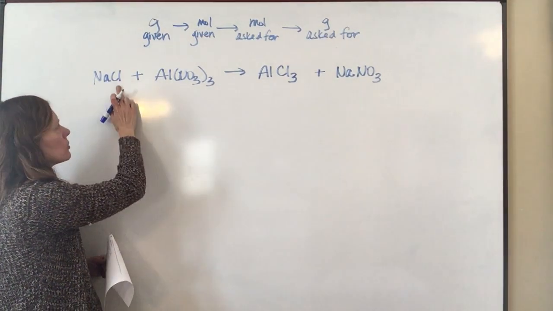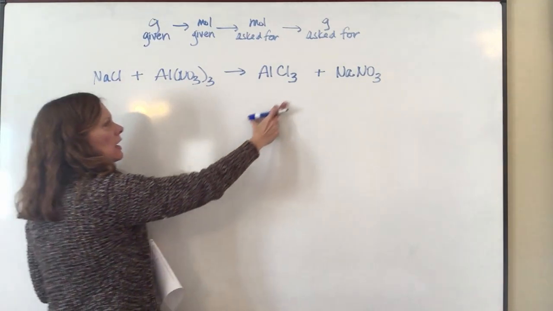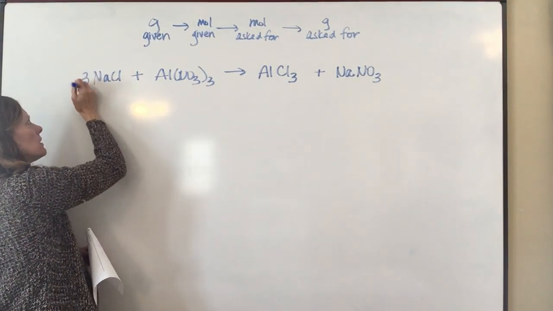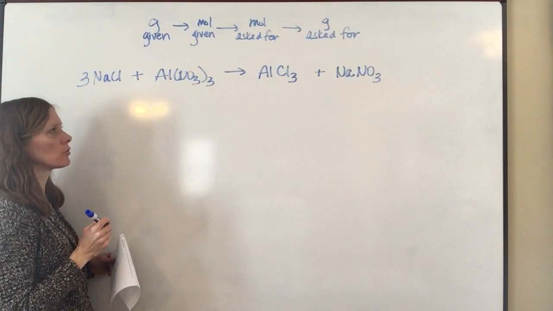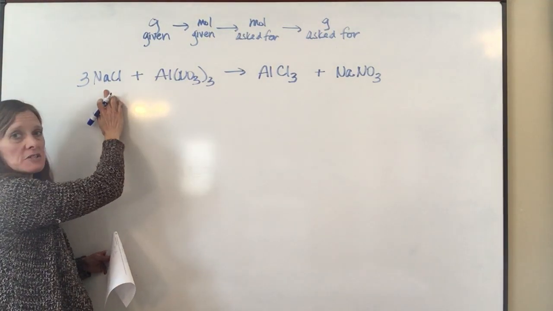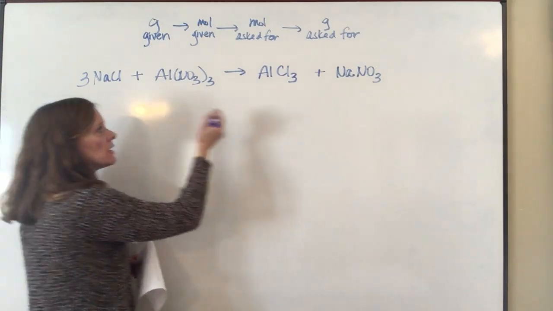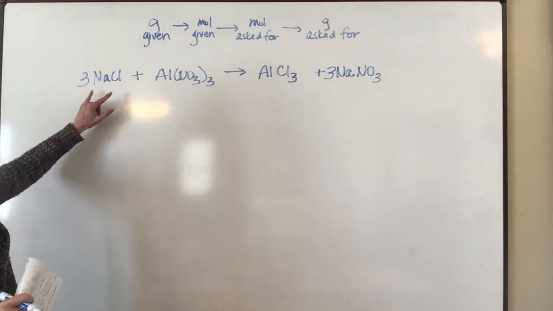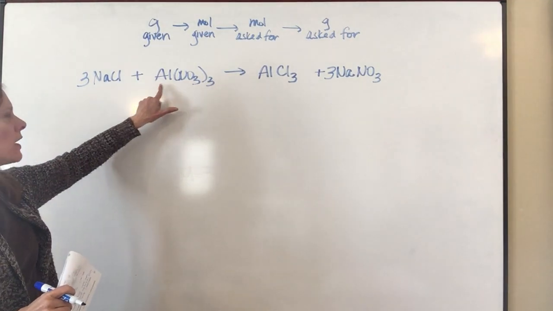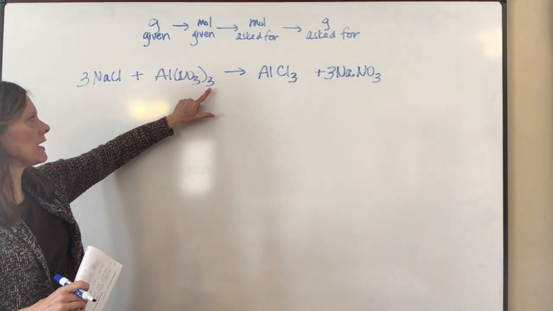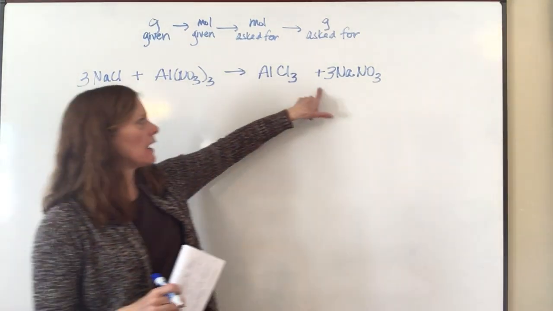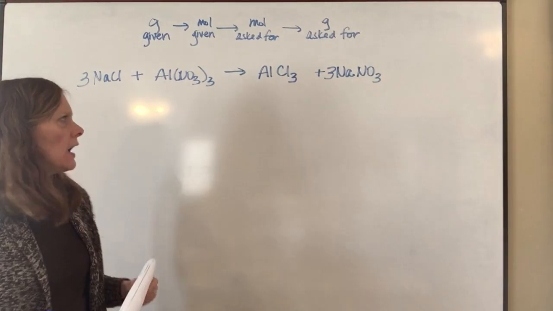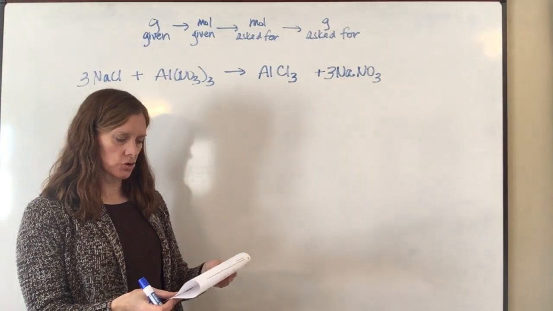If I look at the chlorines, I have 1 here and I have 3 over here, so I'm going to have to put a 3 in front of the NaCl to make my chlorines balance. That throws my sodiums out of balance, so if I've got 3 here, I'm going to put a 3 over here. So my sodiums and my chlorines are balanced. I have 1 aluminum on each side. I have 3 nitrates here, and I have 3 nitrates over here. So this is now a balanced equation, and is what's going to happen in the reaction.